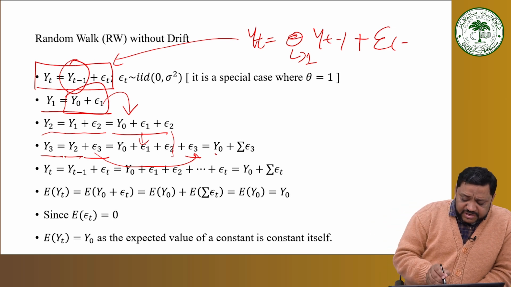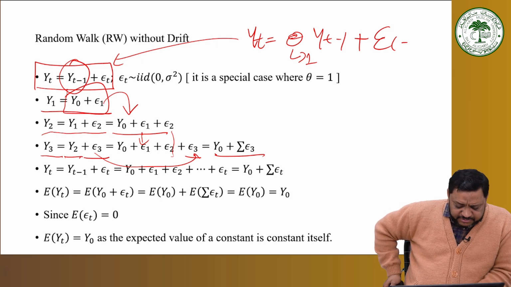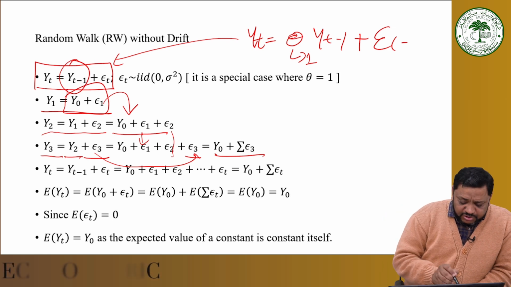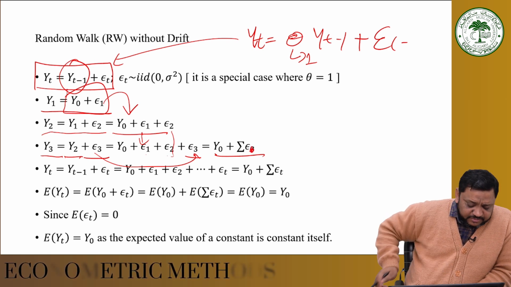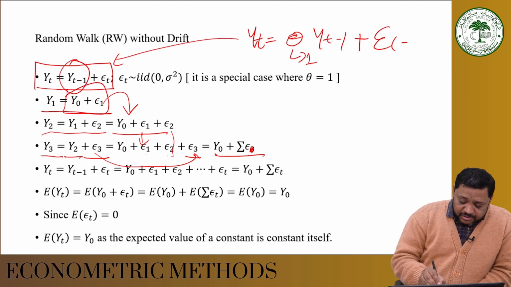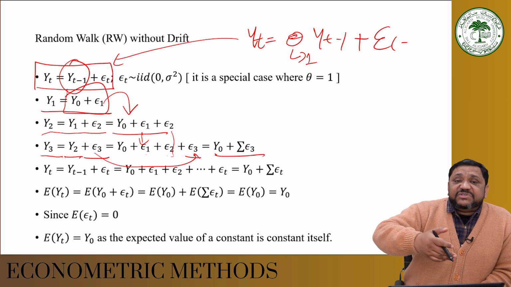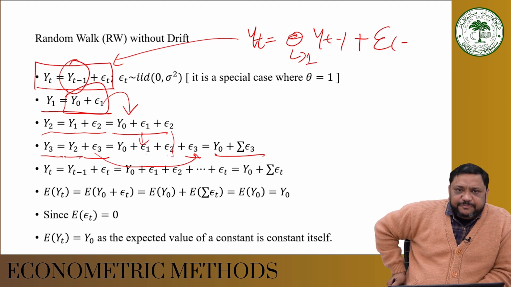This can also be written as y0 plus a summation of epsilon. Here 3 means 3 times the error has been added.